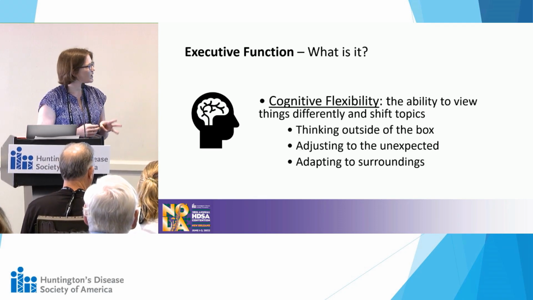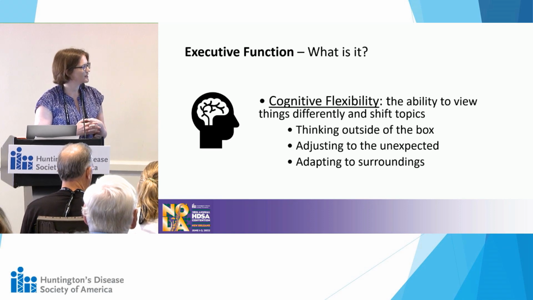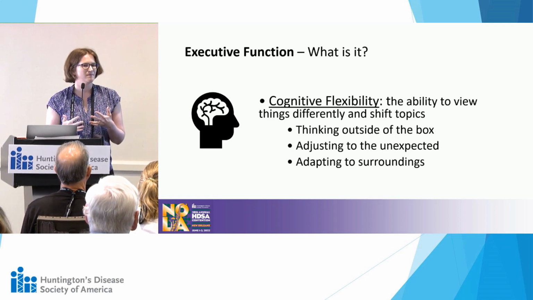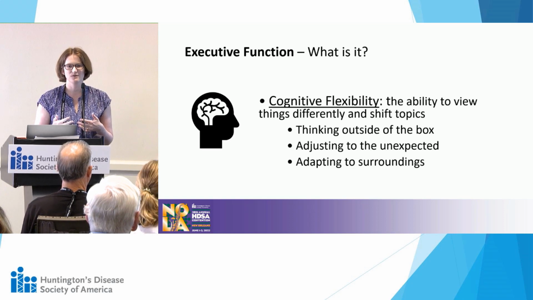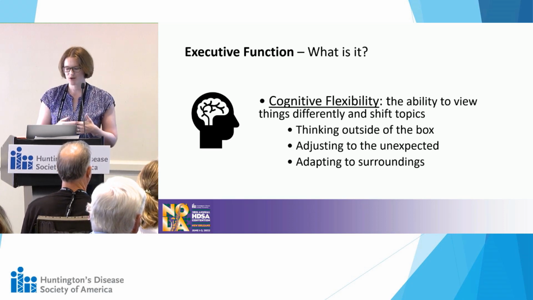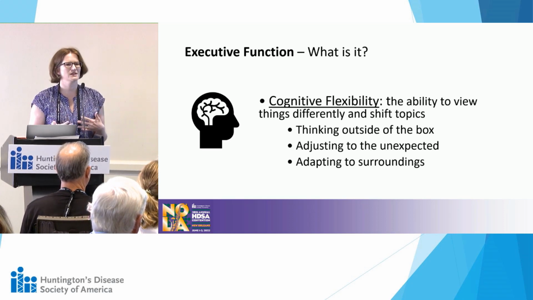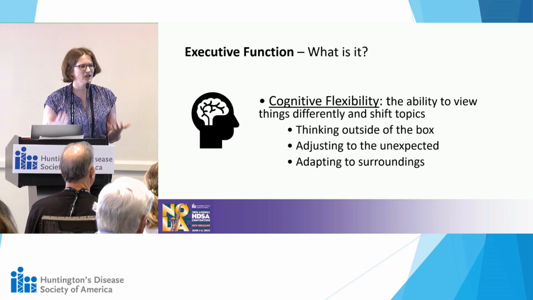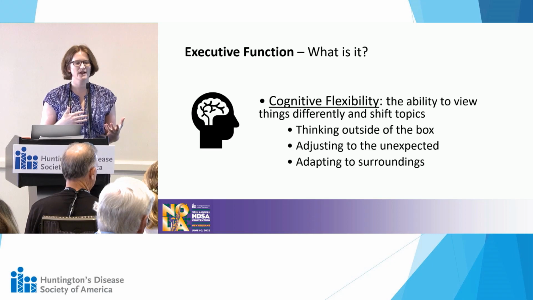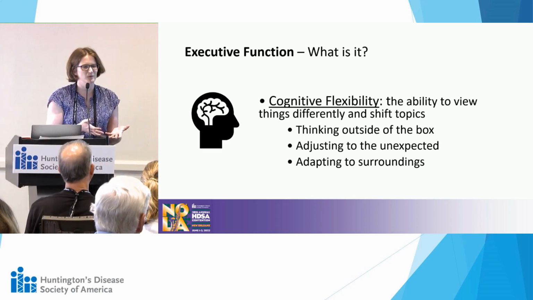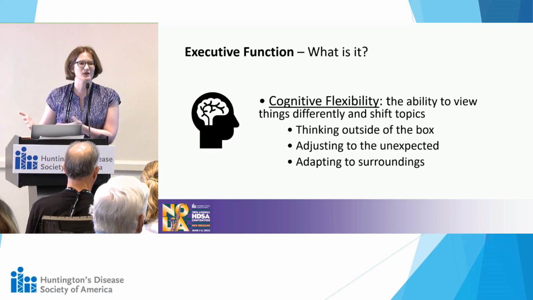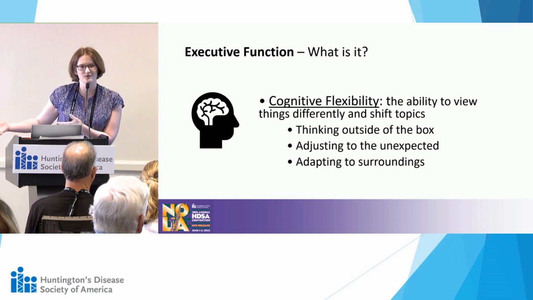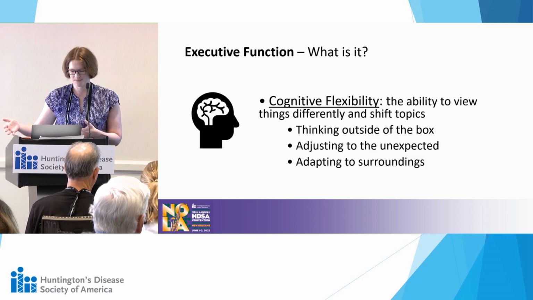The third building block for executive function is cognitive flexibility. And sometimes we'll refer to this as fluid thinking. This is our ability to kind of think about things from a different perspective, to see them differently, and to shift between topics, right? So this is my ability to shift from thinking about this book I was just reading to what I'm going to make for dinner, or when I need to pick up my kid from his soccer practice.